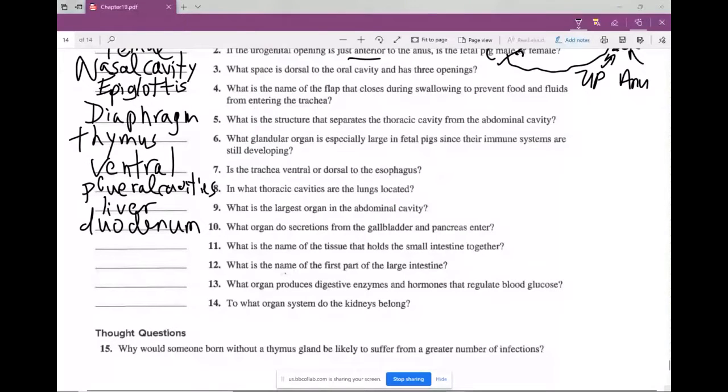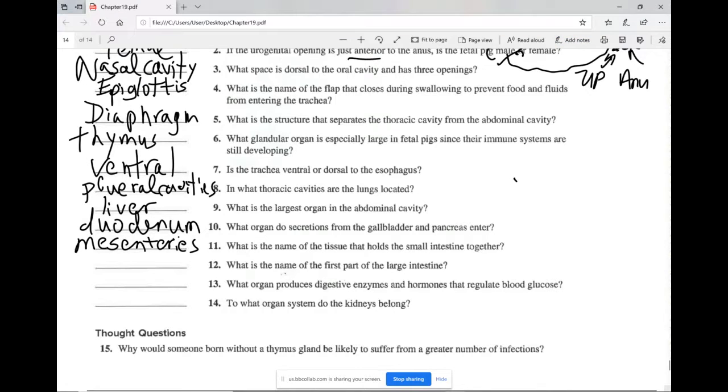What is the name of the tissue that holds the small intestines together? Oh, that would be mesenteries. What is the name of the first part of the large intestine? Okay. The first part of the large intestine. Let's make sure.